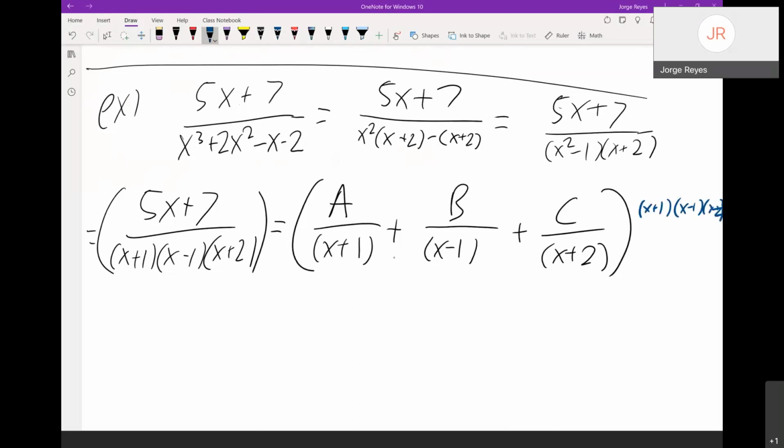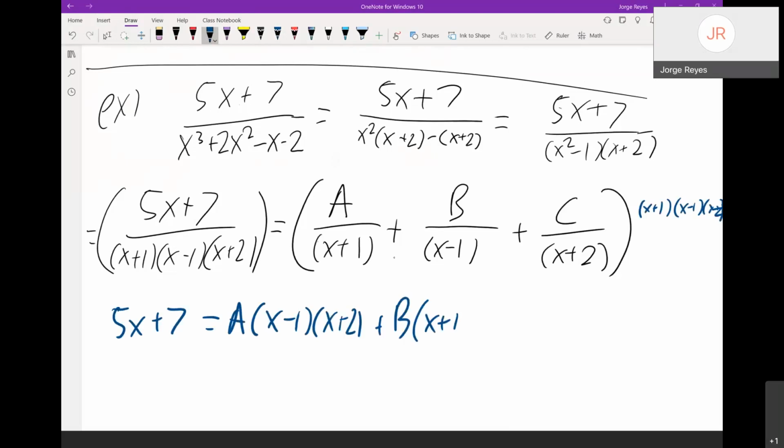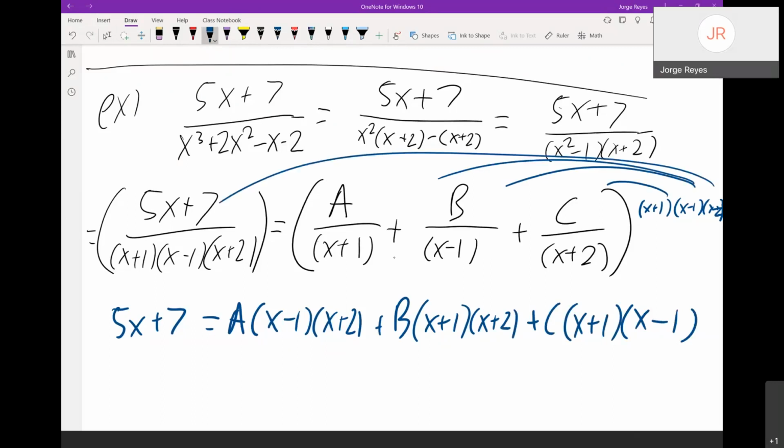If you cancel properly, you should get A times x minus 1, x plus 2, plus B times x plus 1, x plus 2, plus C times x plus 1, x minus 1. If you distribute that to all of these terms, we get here.